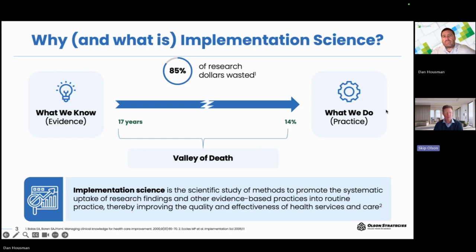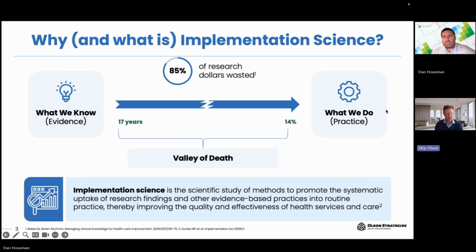And this process takes a very long time to go from what we know to what we do. And only a little bit of the research that's done actually ends up in clinical practice. So there's a science behind how to speed things up and how to get things into clinical practice better and quicker. And this is what implementation science is all about.